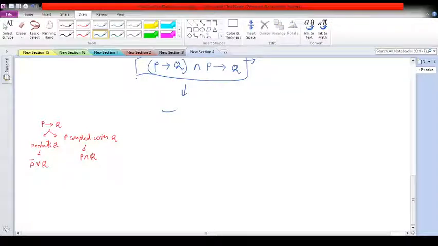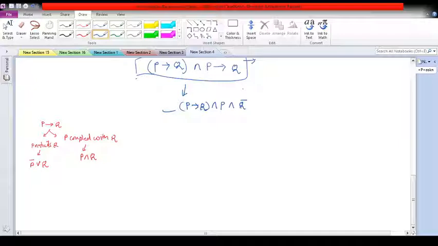So that can also be proved using the contradiction, and let us see how we can write this. Let us prove by contradiction. Suppose this is my statement, P implies Q, in conjunction with P, and this implies Q. So using contradiction, what can be written? P implies Q, then in conjunction with P, and instead of or it will be and, the complement of the resultant, that is false, Q bar.